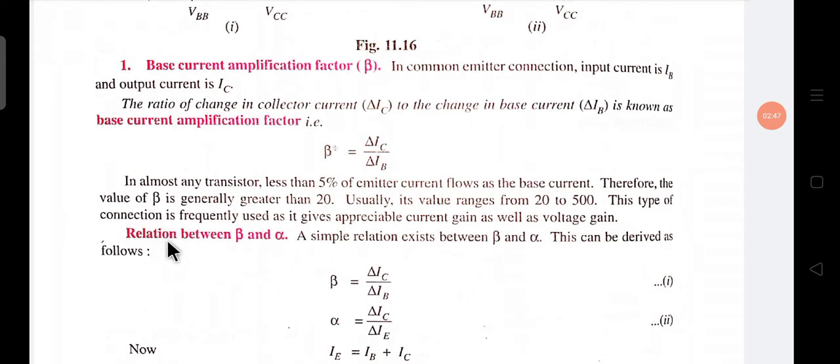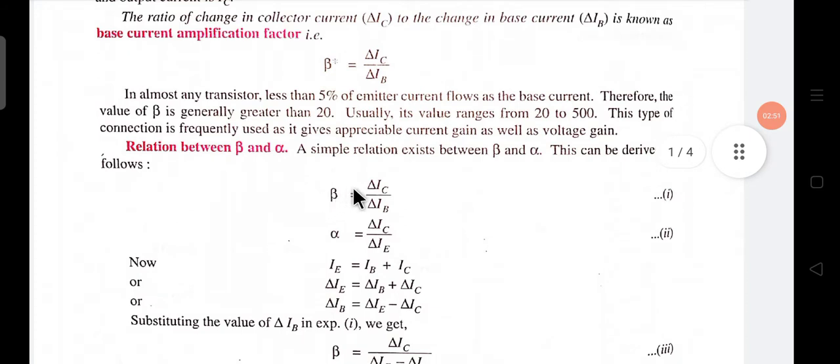Now let us see the relationship between beta and alpha. Beta is delta IC by delta IB. In the previous class we studied that alpha is delta IC by delta IE.